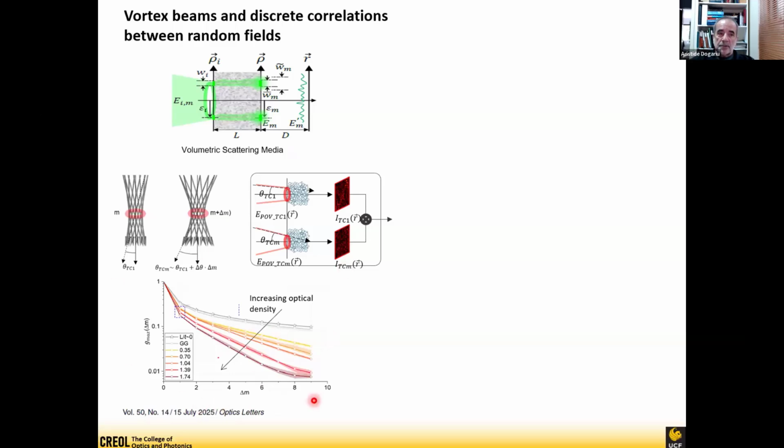So this is an example where the strength of the correlation as a function of delta m, the difference between topological charges, is sensitive and can be used to determine the optical properties of this disturbing medium. So all you need to do is to change the topological charge of the beam, record scattered fields, and from there you can infer the strength of this disturbance, the scattering mean free path of this disturbance.